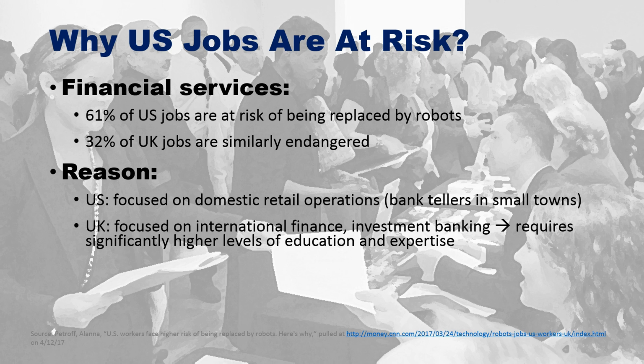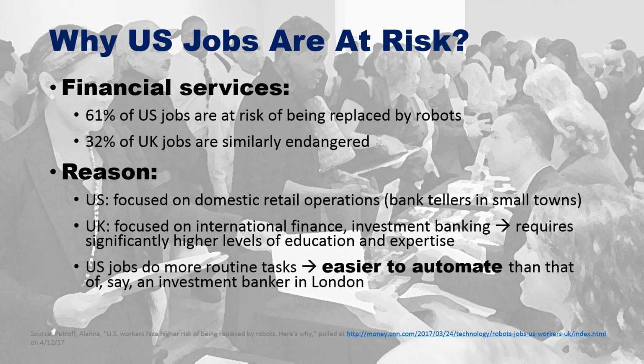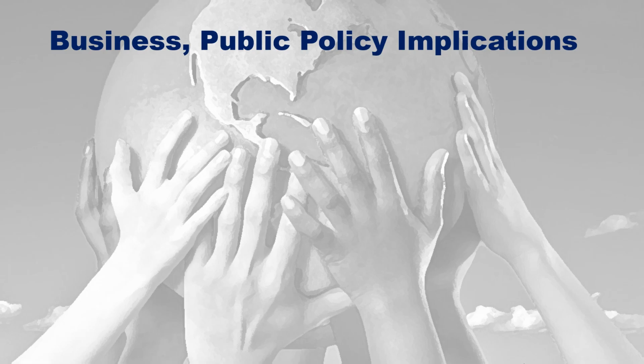In the UK, the people in the financial service sector are focused on international finance and investment banking, which requires significantly higher levels of education and expertise. So the US jobs do more routine tasks, which are far easier to automate than those of, say, an investment banker in London or other places in the world. Those are higher skilled jobs that require higher levels of critical thinking and a higher degree of judgment. Very difficult to automate.